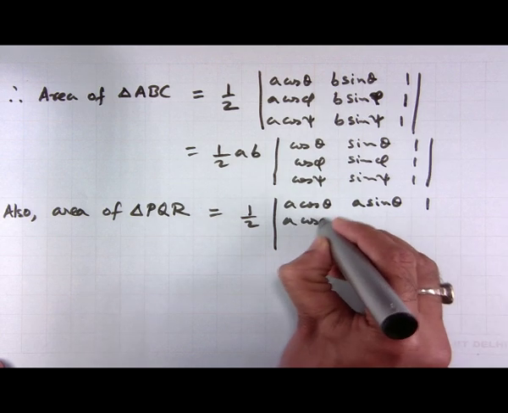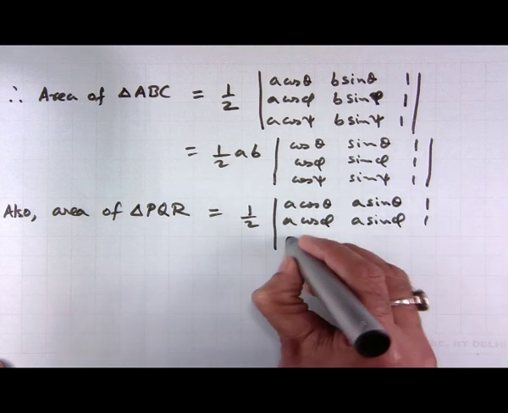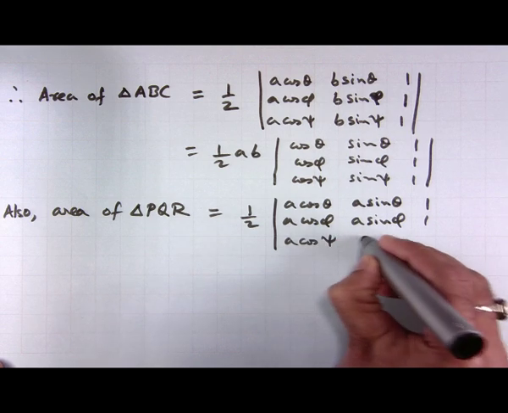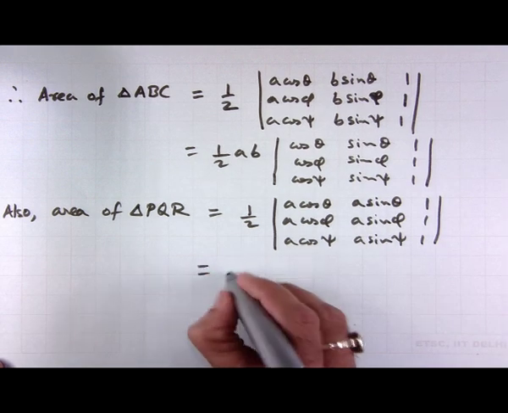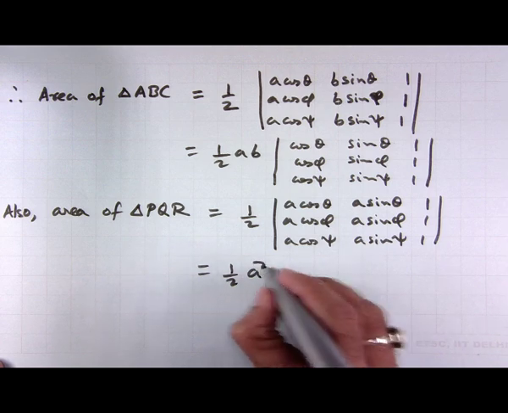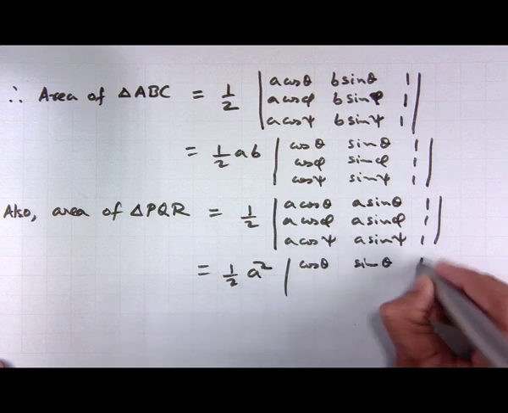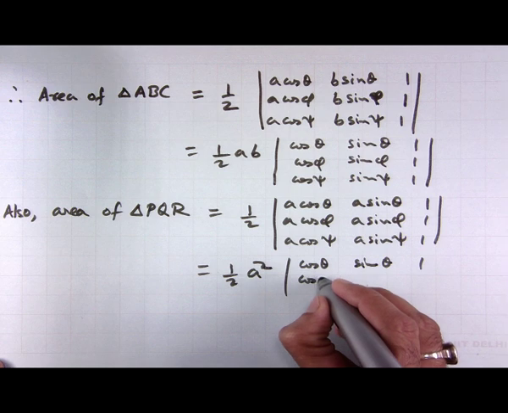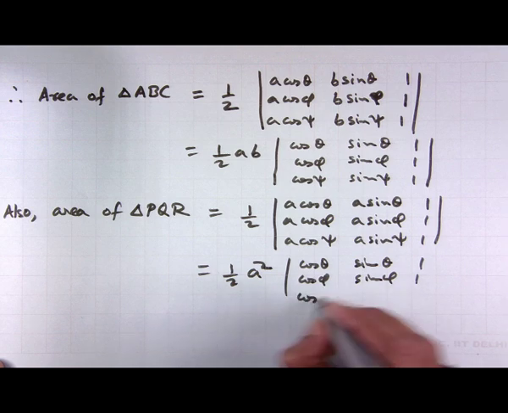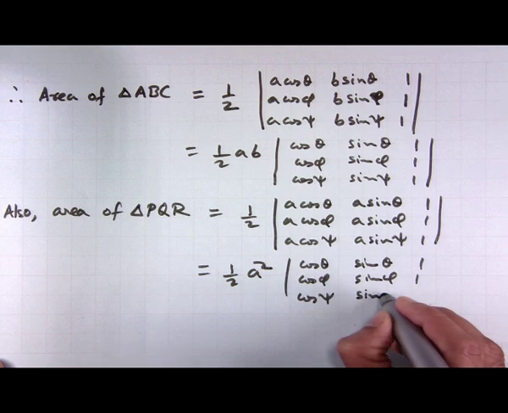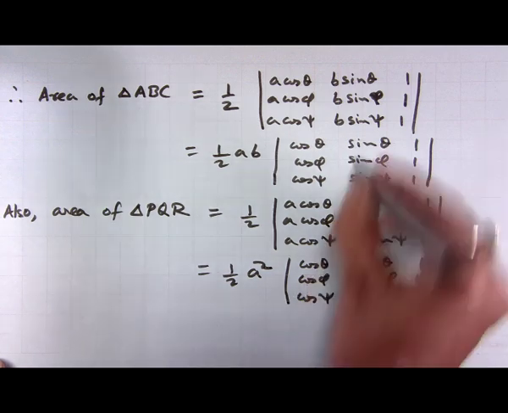Similarly, A cos phi, A sin phi, 1, A cos psi, A sin psi and 1. This is equal to half A square times the determinant cos theta sin theta 1, cos phi sin phi 1 and cos psi sin psi 1. So, this is same here.